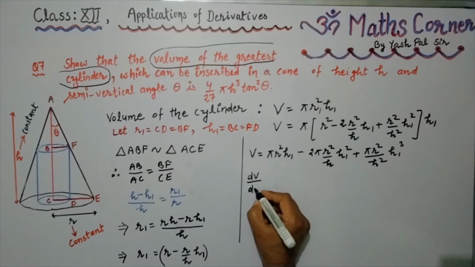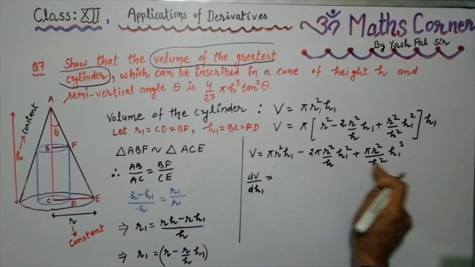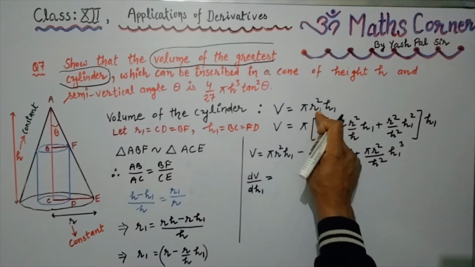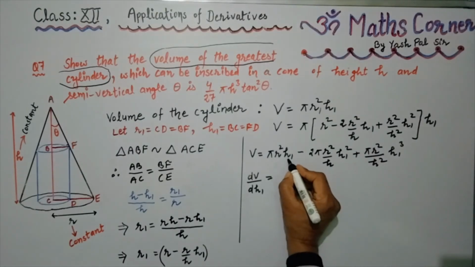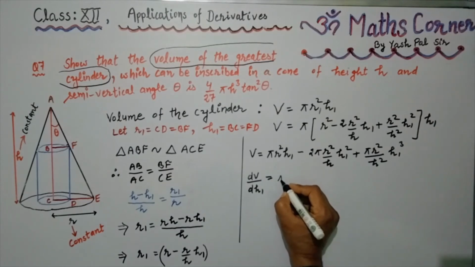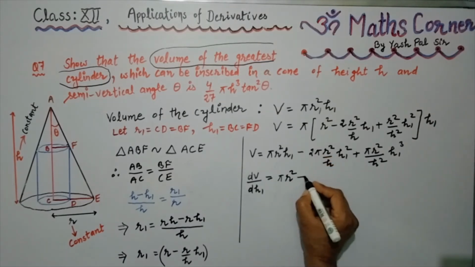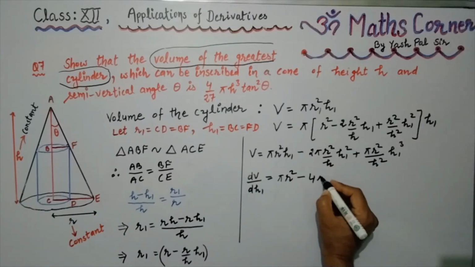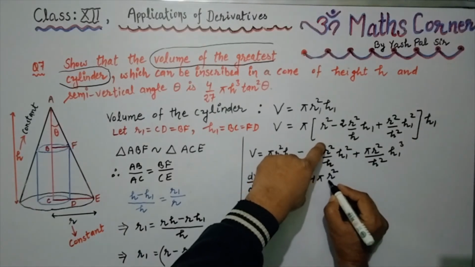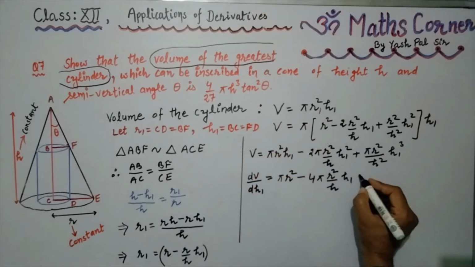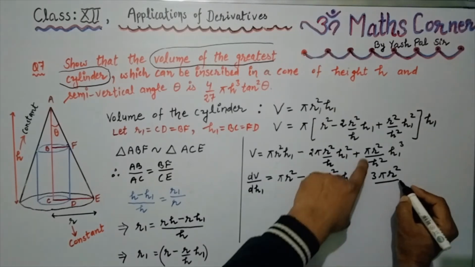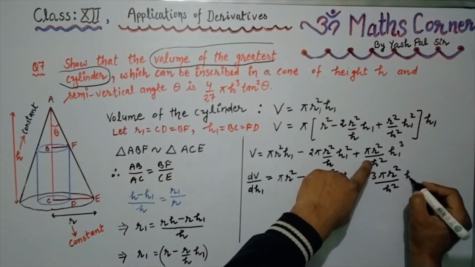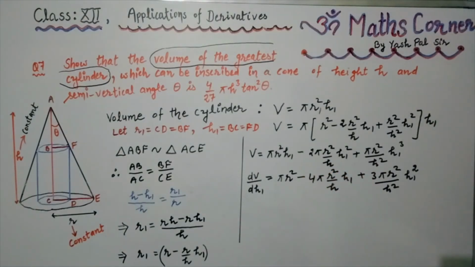Now we shall find the derivative of this V, dV with respect to H1, because only H1 is the variable. Earlier R1 and H1 were the variables, now only H1 is the variable. Differentiating with respect to H1, this is pi into R square minus 2 into 2, 4 pi R square upon H into H1 plus 3 pi R square upon H square into H1 square.